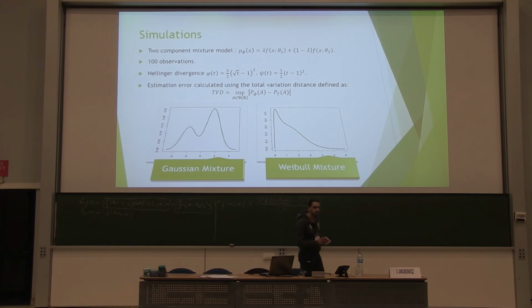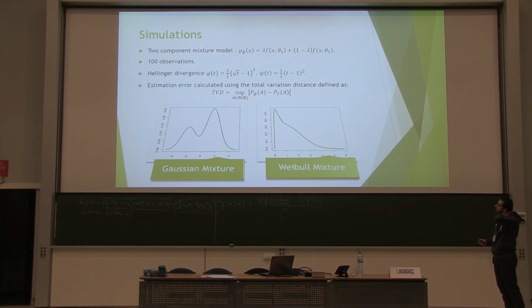About my simulations, I'll try to just do some simple simulations. I've chosen the Gaussian mixture and a Weibull mixture, 2 components. A mixture model is written as follows: we take 2 probability densities and we mix them with a lambda in 0, 1. For the practical part, I have 100 observations.